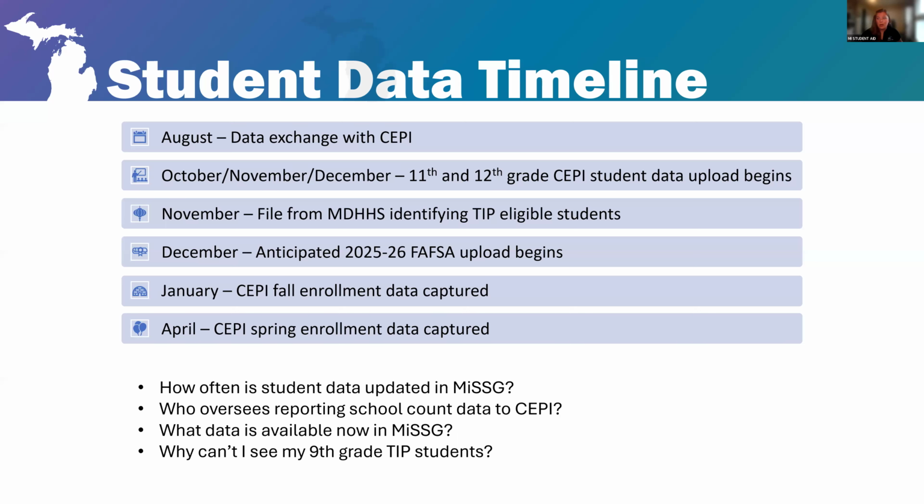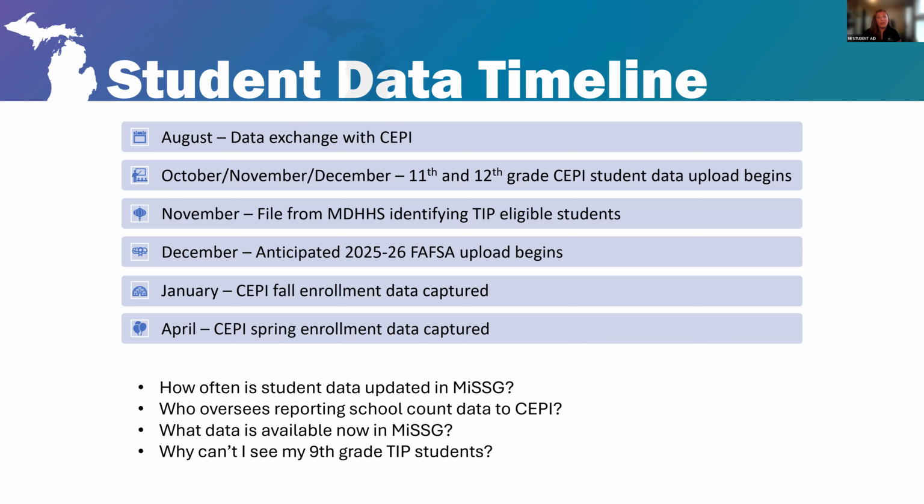This could very well be because we are operating in the fall off of our spring enrollment data. That's the most recent data that we've gotten from CEPI. So in January, when we start getting that fall enrollment data, that's when you might see shifts on some of your rosters, because we're going to work off of what that school reported to CEPI during the fall school count.